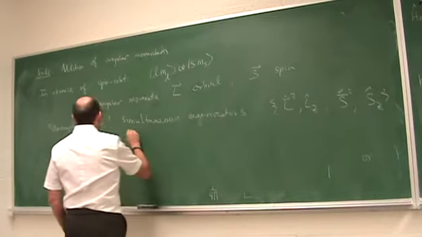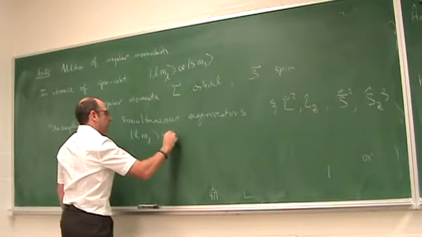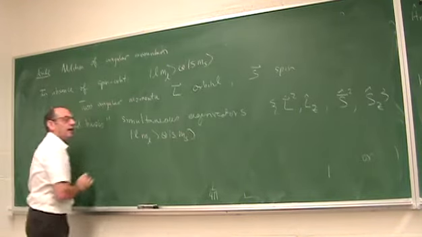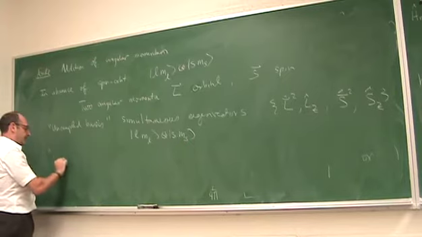So these simultaneous eigenvectors we wrote as such, the product state, or the so-called coupled basis.